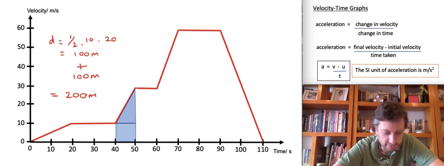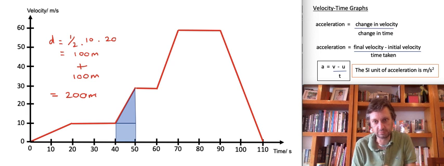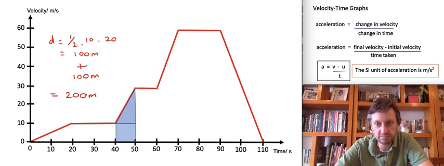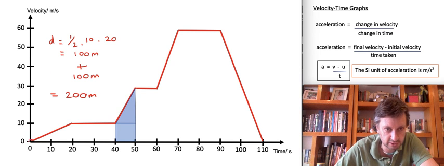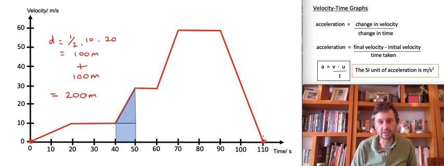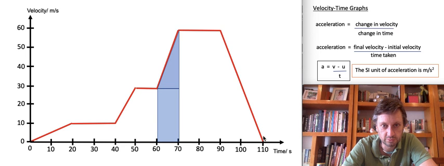Okay, now that's all the calculations I want to do here, because I want to leave the last part of this video for you to do the rest of the calculations. So my question for you is, do the calculation please and tell me what is the total distance travelled by this object from the start of its journey here to the end of its journey here. To do that, you need to calculate the total area underneath the graph. So that's going to be all of these shapes joined together.